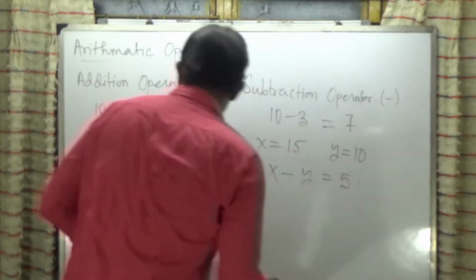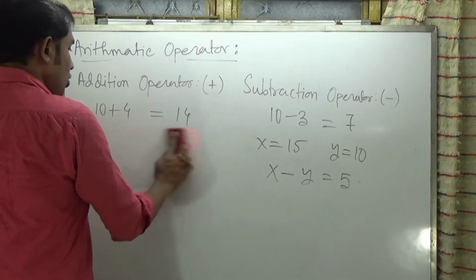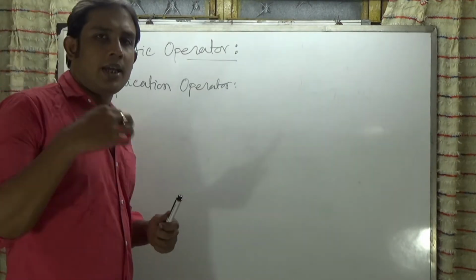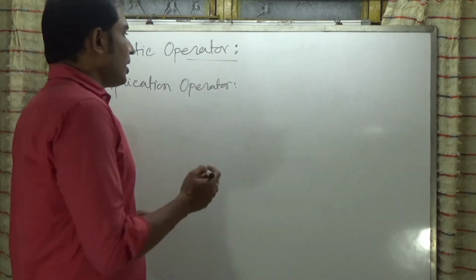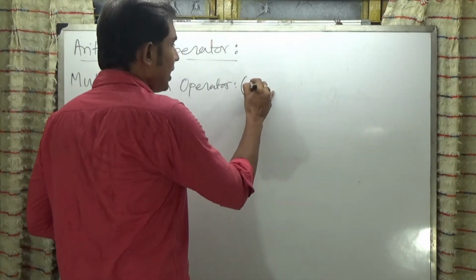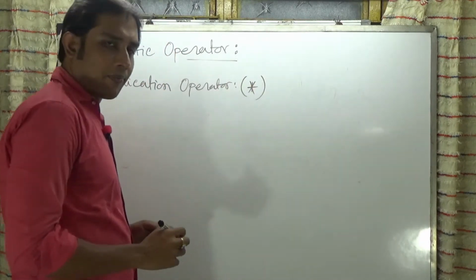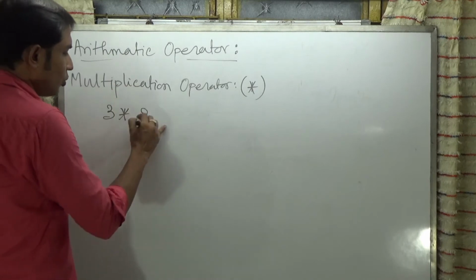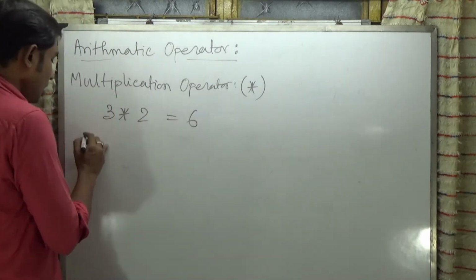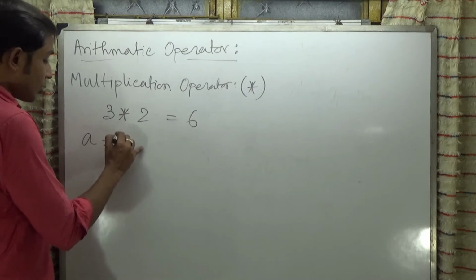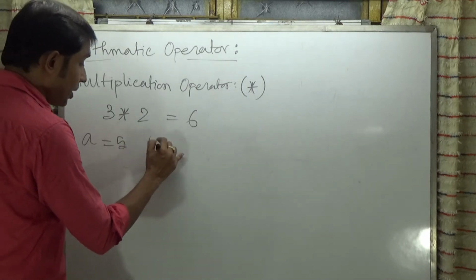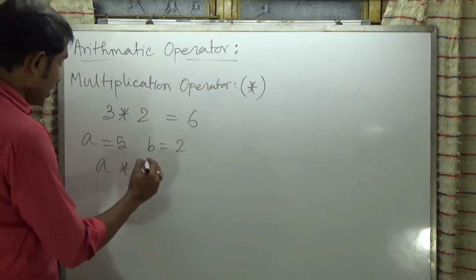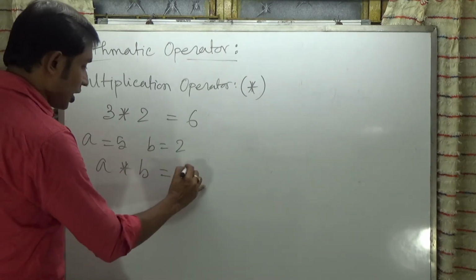Now we come to the next operator, which is the multiplication operator. In Python programming, it is denoted by the asterisk sign. Suppose 3 into 2, it gives 6. If the value of a equals 5 and the value of b equals 2, then a multiplied by b becomes 10.